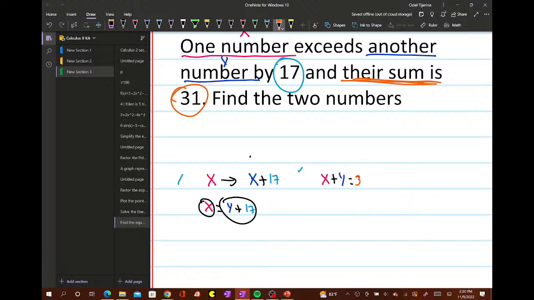So if I look at this, we have equals 31.